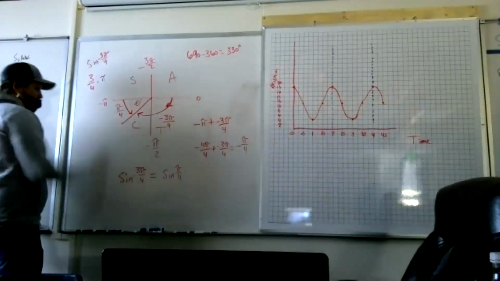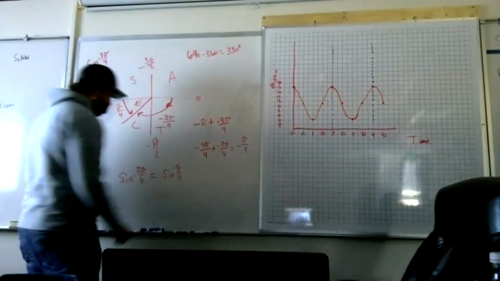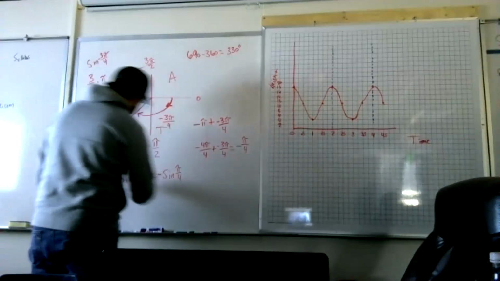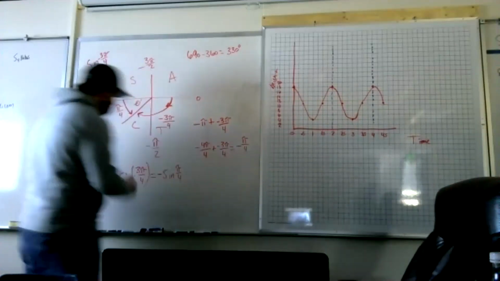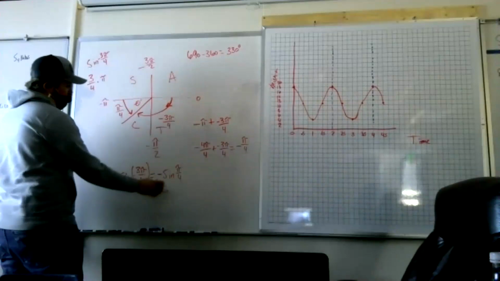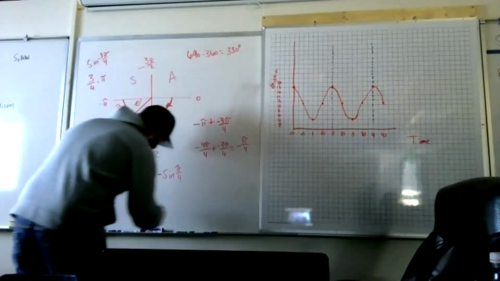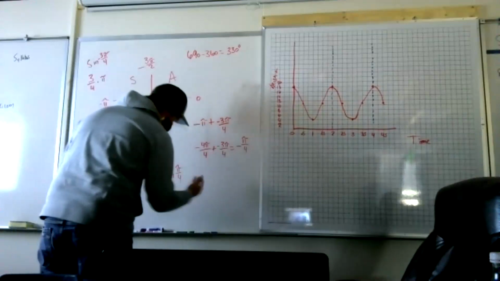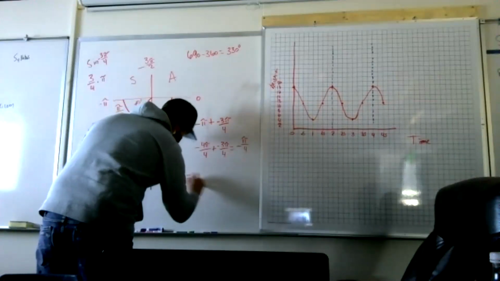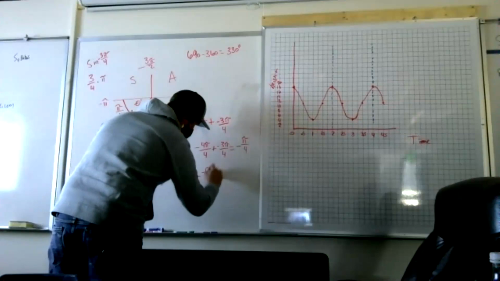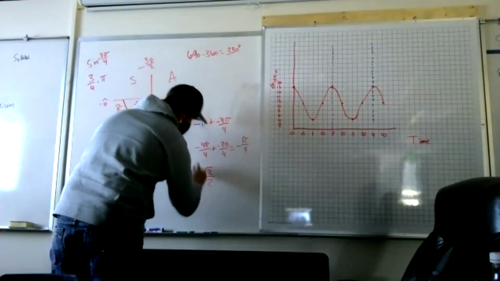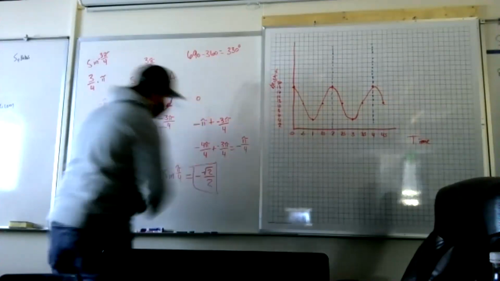So I fall in quadrant 3, where sine is negative. So the sine of a negative 3 pi over 4 is really equal to the negative sine of pi over 4. Sine of pi over 4 is square root of 2 over 2, so that would be a negative square root of 2 over 2. That's my final answer.